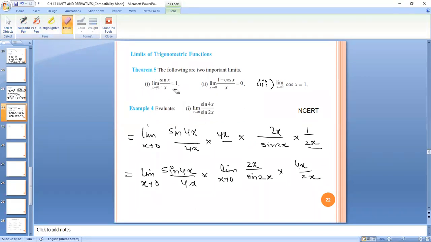Then I'll apply this formula directly. It is equals to sin 4x upon 4x. If x is tending to 0, that means 4x will also be tending to 0, right? So we need not show it. It is just for your concept that limit x is tending to 0, sin 4x upon 4x will be equal to 1. Same way, limit x is tending to 0.